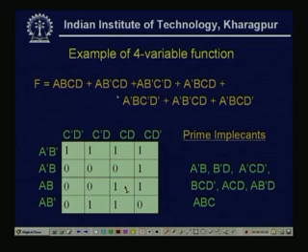A B bar C D, this is my second minterm. A B bar C bar D, this is my third minterm. Then A B bar C D again has come, because it is already there. So, A B bar C bar D, take this one as A B bar C bar D. Okay, so this is my fourth minterm.